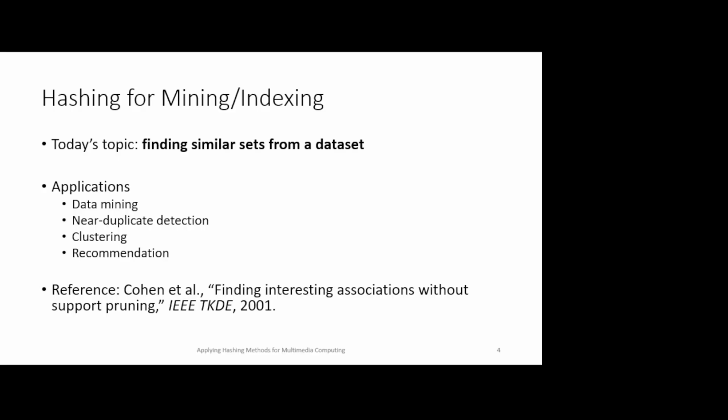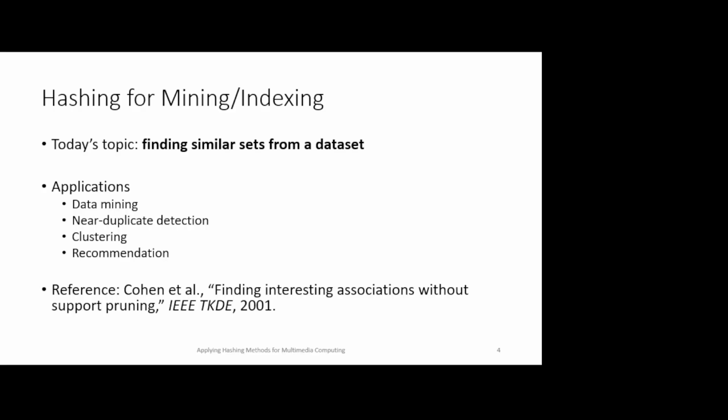The idea can be applied in several applications, such as data mining, near duplicate detection, clustering and recommendations. In all these applications, we want to find similar sets, so we can use this idea to help us. And hashing has this unique characteristic because it can be very compact.